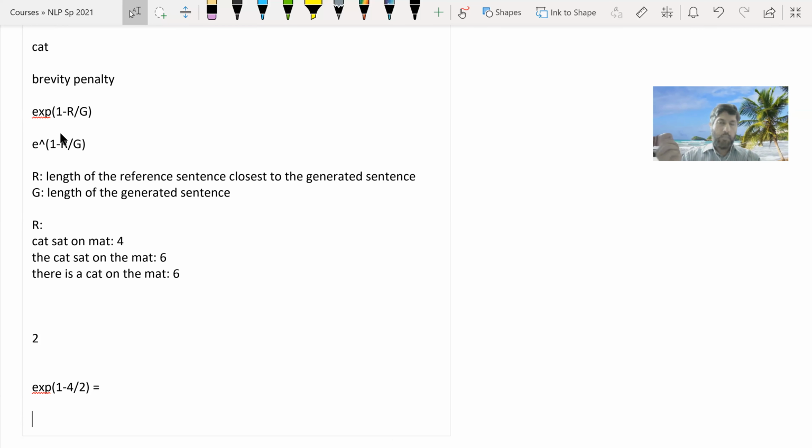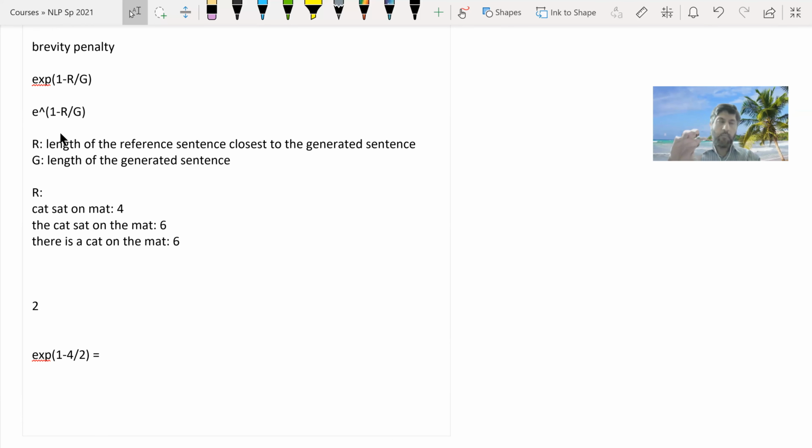But if G is small and the reference is large, the exponent will be negative, so the answer you get will be less than 1. So you are reducing the BLEU score because the generated text was small.